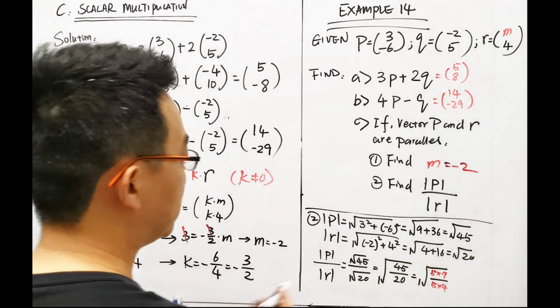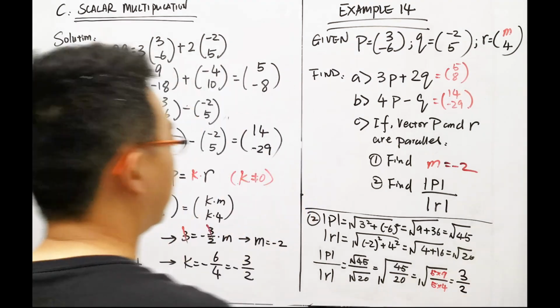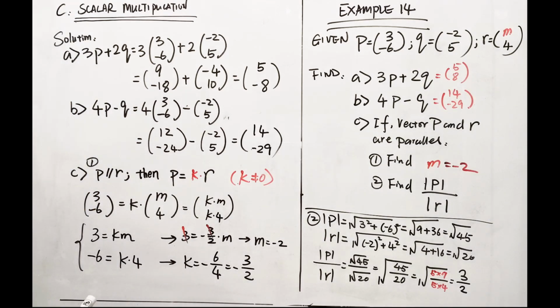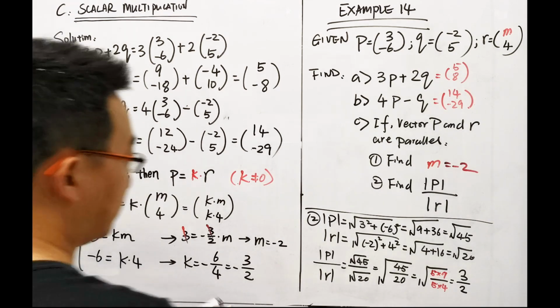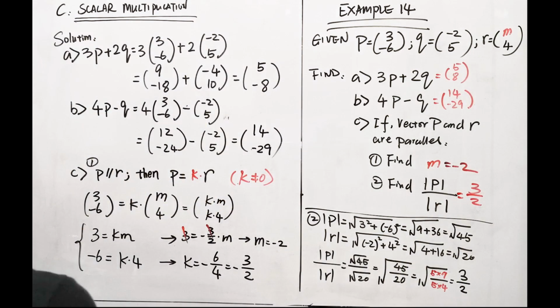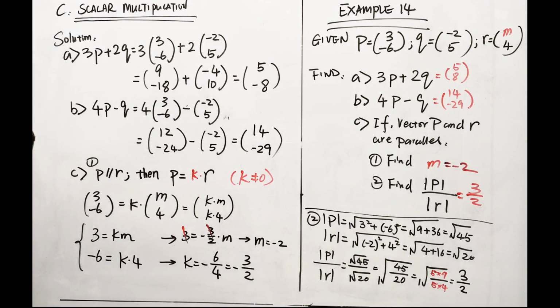We cancel the 5 from each, so we will get the answer. The answer is 9 over 4, right? Okay, so this is what we get. The answer is 9 over 4, or square root gives 3 over 2, right? So this is the answer.